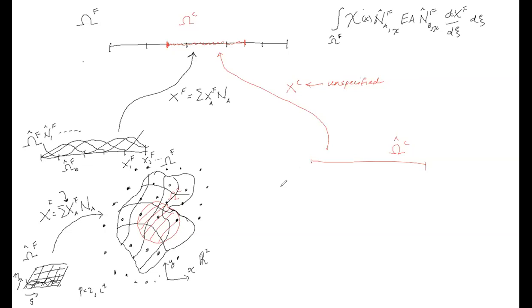So we want to make sure that this really does capture our x(xi). Now, we don't have x(xi) fully specified, but we do know that we want the x_a^f and the N_a to capture what is in red, the circle there. So my problem is that if you're not solving for x_a^f and N_a and what they should be in order to capture that geometry, how can you be sure that you're actually capturing it?